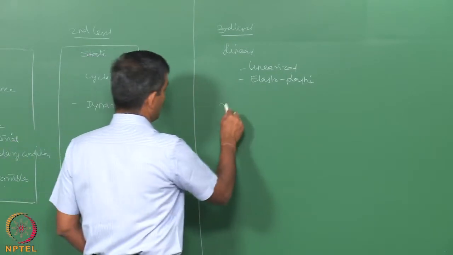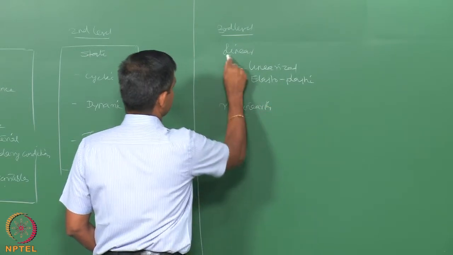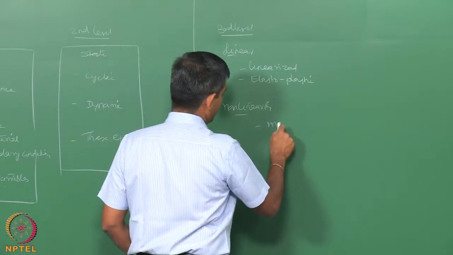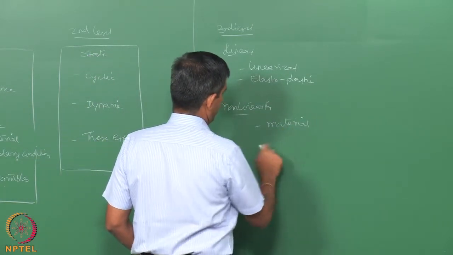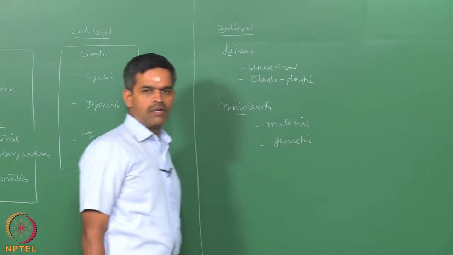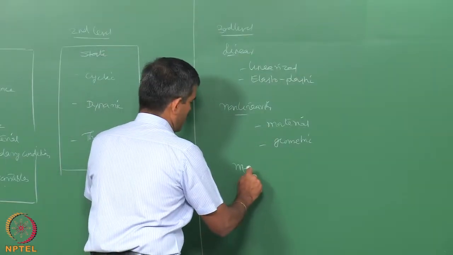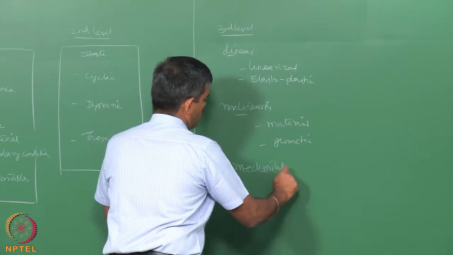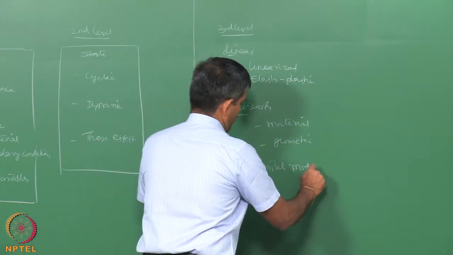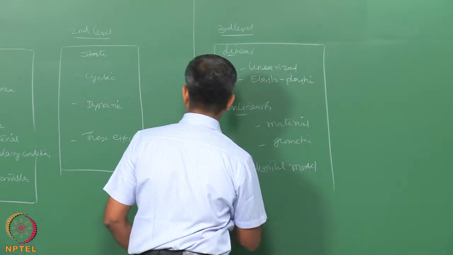One can also look at non-linearity, which can be arising from the material non-linearity or even from geometric non-linearity. So, one can feed these as input data to the mechanical model, which is also one of the important variables in doing the reliability analysis. So, that is the third level of coupling we have.